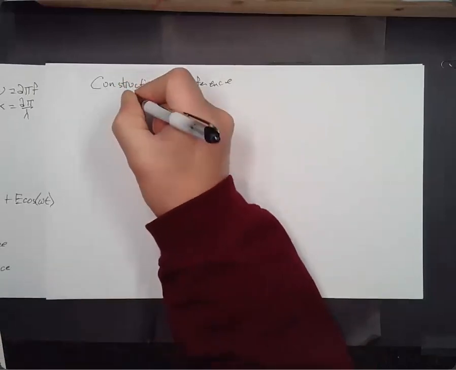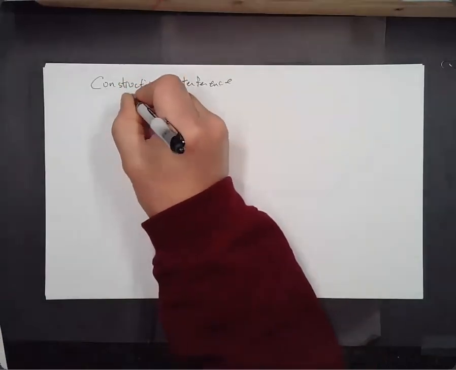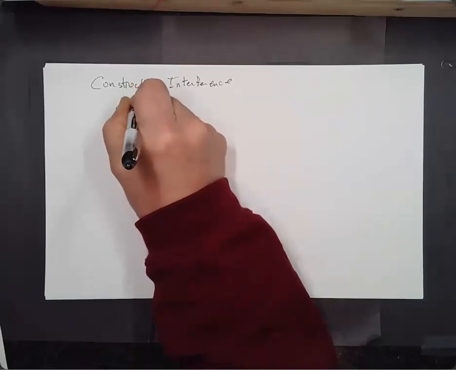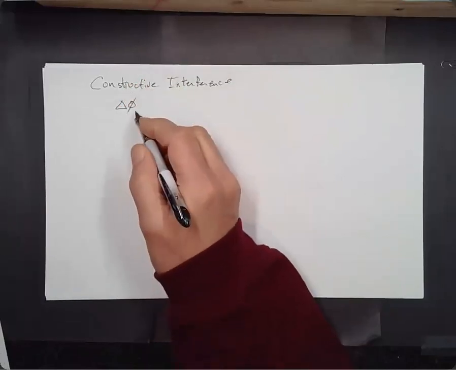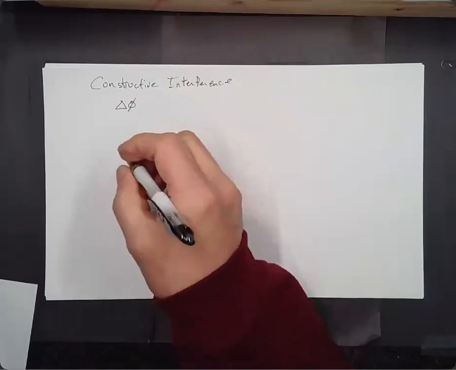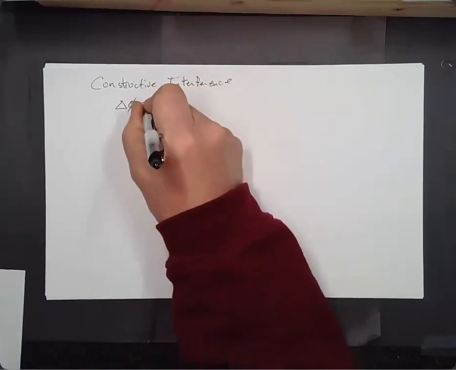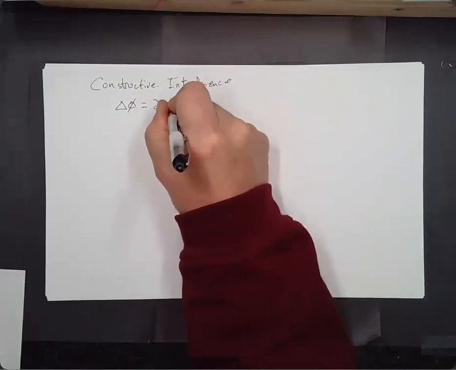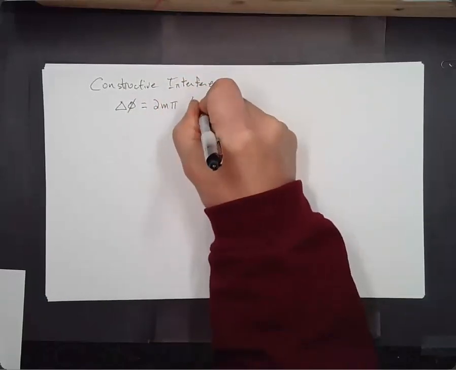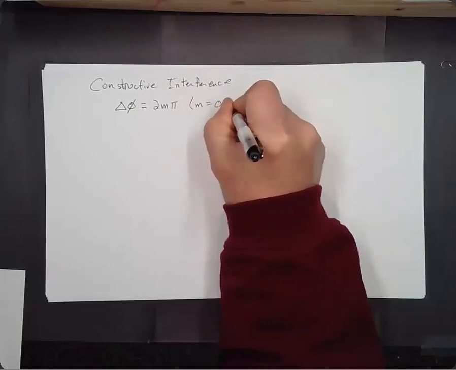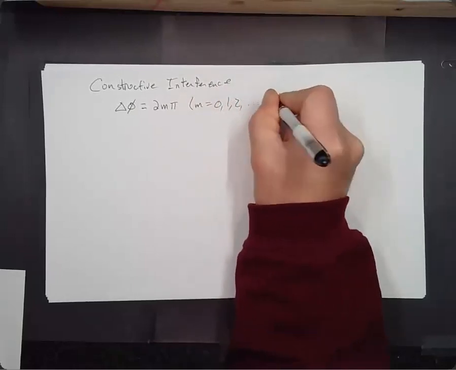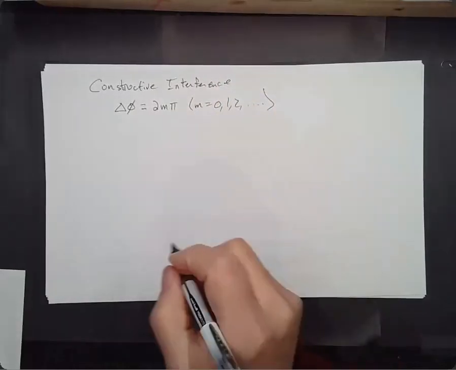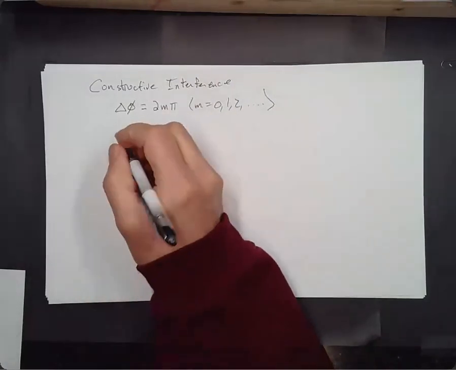And for that, we'll have the phase difference between the two waves, which sometimes we just write as plain old phi, but it'll be 2m times pi, where m can equal 0, 1, 2, dot, dot, dot. So that's something that we'll have in that case.